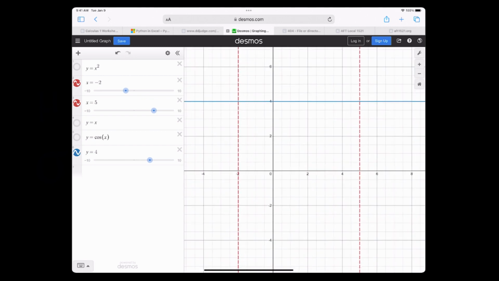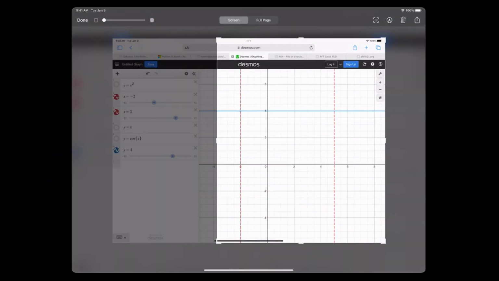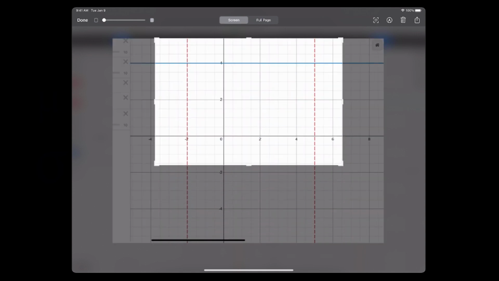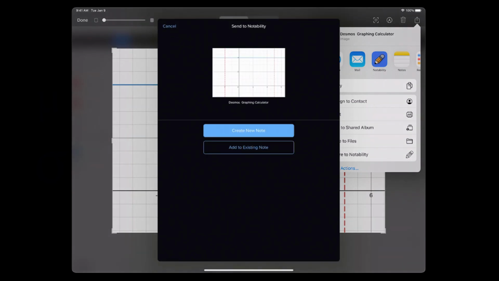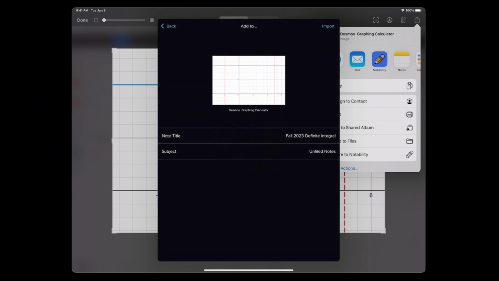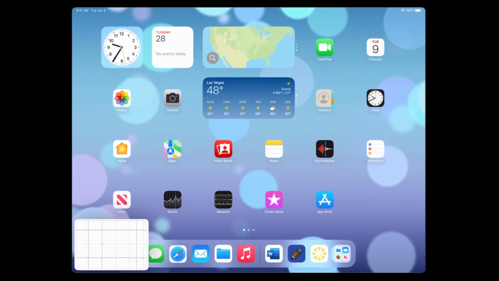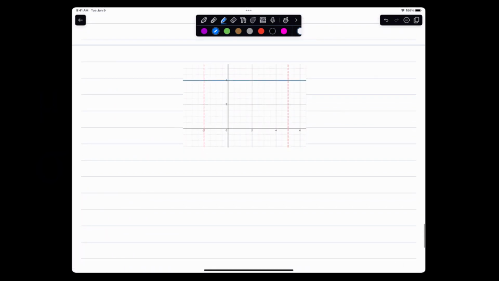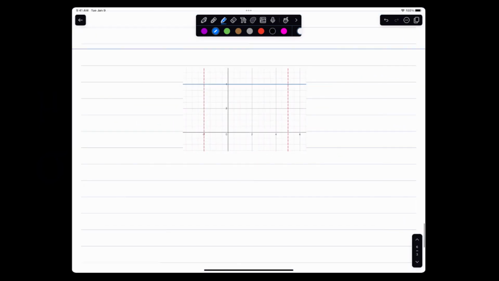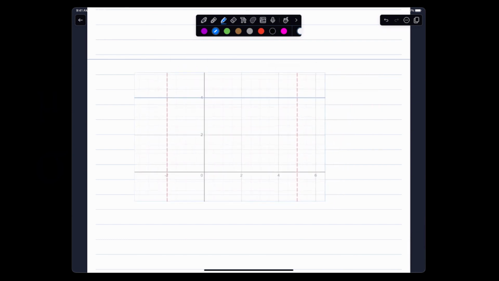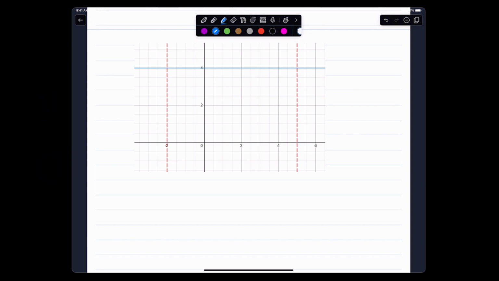Okay, let's show you guys these details. You might even say, well, what's going on here? Well, here's the function. The constant function.